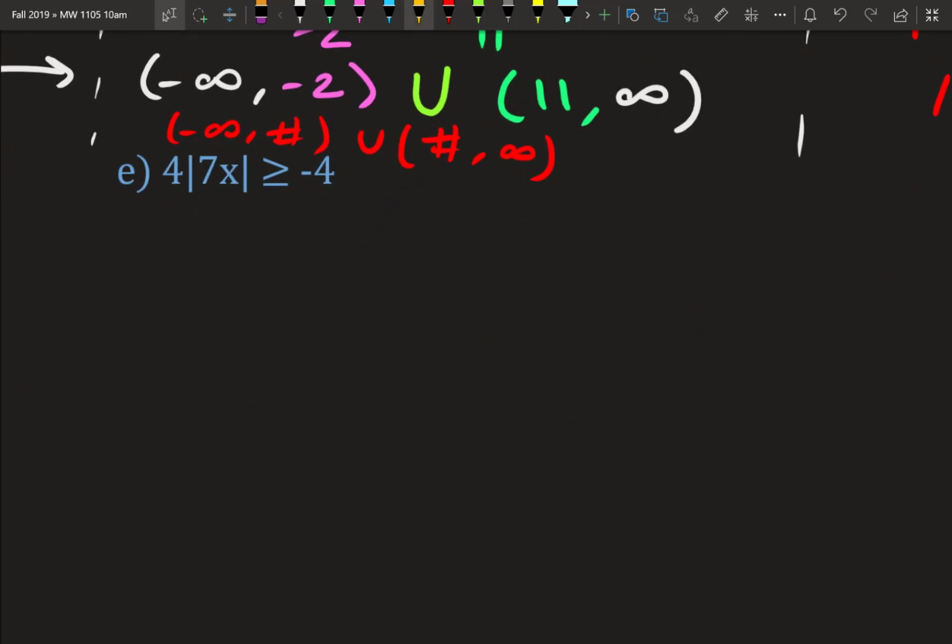Let's simplify this first, though, because we know we're not supposed to have that there. We need to get rid of it. So we have absolute value of 7x is greater than or equal to negative 1. Think about that. No matter what you plug in, you have to multiply it times 7. Any negative or positive number or fraction, it's going to be greater than negative 1.